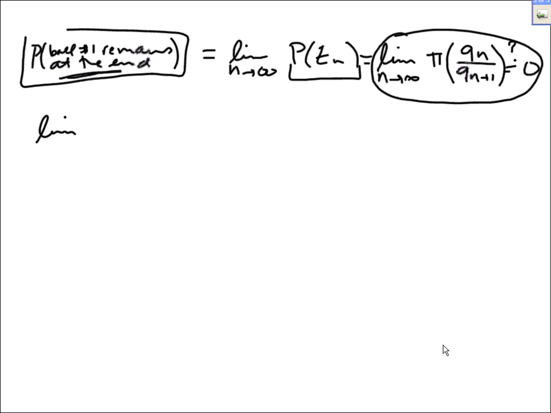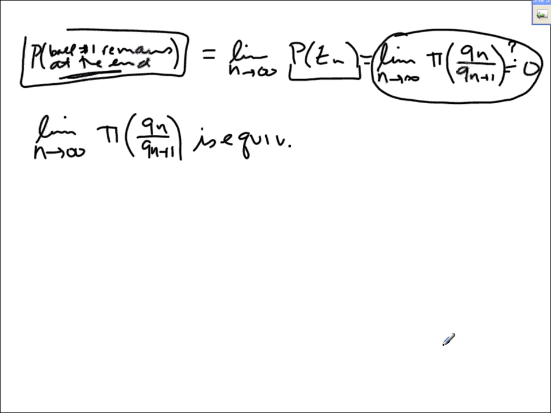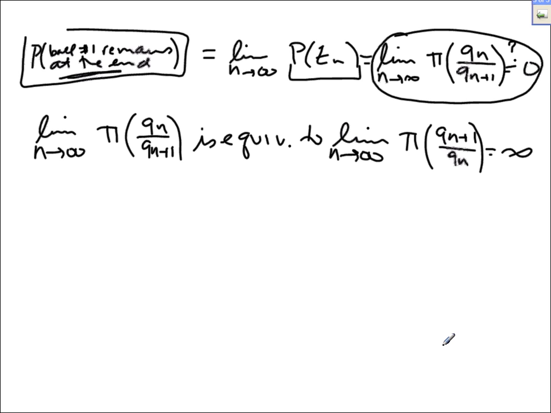The limit as n goes to infinity of the product of 9n over 9n plus 1 is equivalent to the limit as n goes to infinity of the product of their reciprocals, 9n plus 1 over 9n, is infinity. Oops, this equals 0.